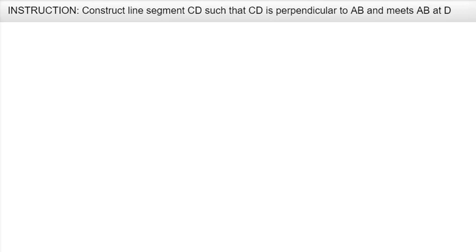We're going to construct line segment CD such that CD is perpendicular to AB and meets AB at D. This is the instruction that would give rise to the construction of a perpendicular to a line segment from an external point.